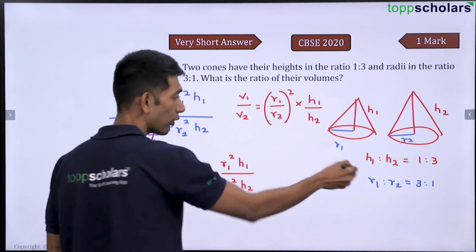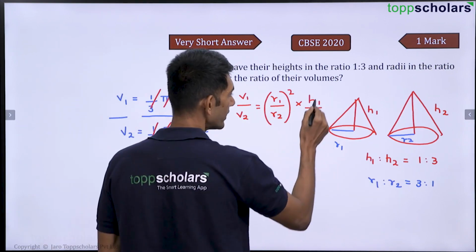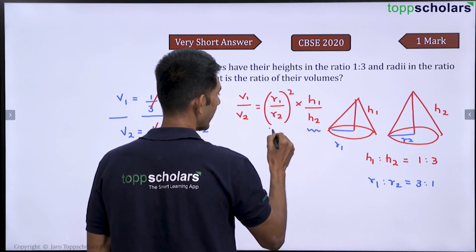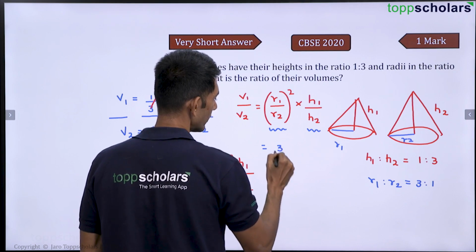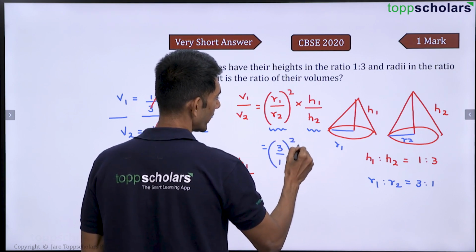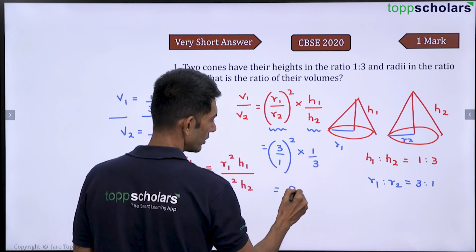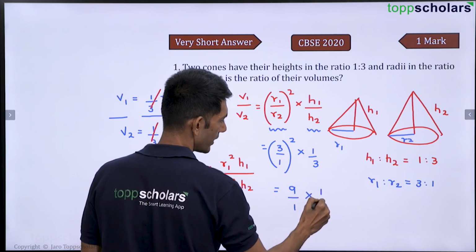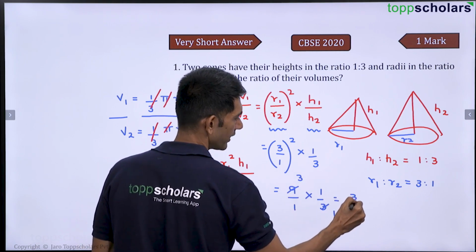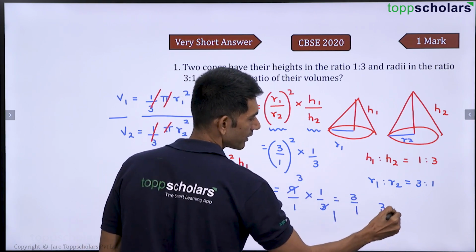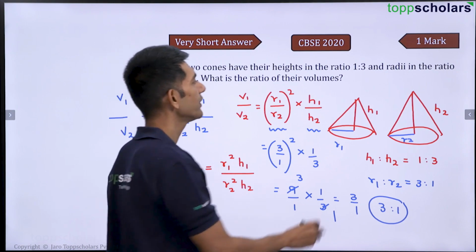I am doing it like this because we already know the values. What is H1 by H2? It is 1/3. So here I can put 1/3 and here R1 by R2 I can put 3/1. So this becomes 3/1 the whole square into 1/3, that is equal to 9/1 into 1/3. So that gives me 3/1. 3/1 is nothing but 3:1. So 3:1 is the ratio of their volumes.